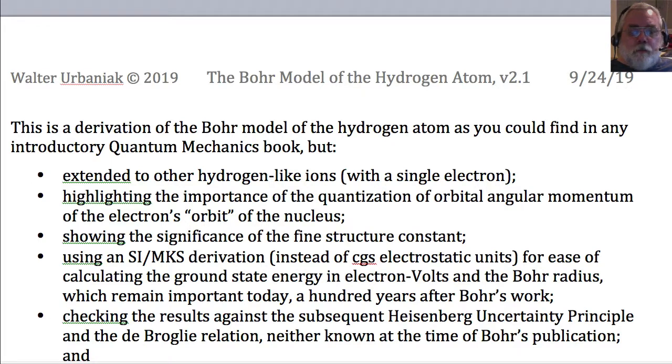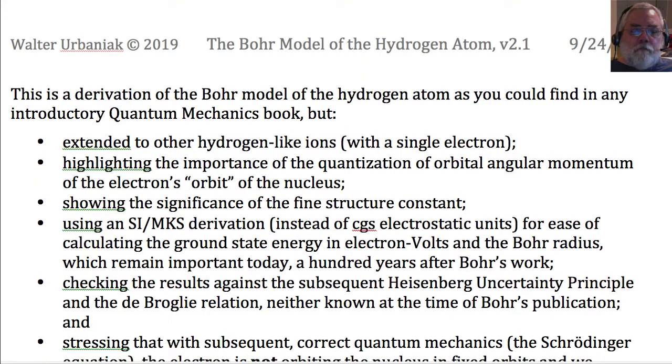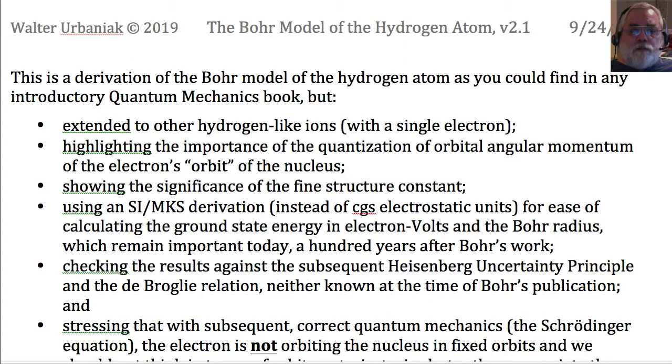So this paper is a paper that I wrote, the Bohr model of the hydrogen atom. This is a derivation of the Bohr model of the hydrogen atom, as you could find in any introductory quantum mechanics book, but extended to other hydrogen-like ions with a single electron, highlighting the importance of the quantization of orbital angular momentum of the electron's orbit of the nucleus.